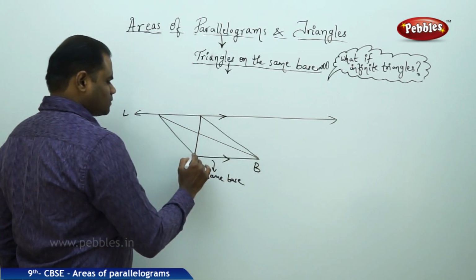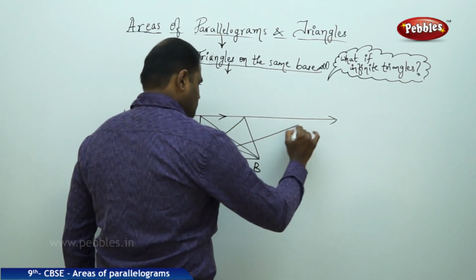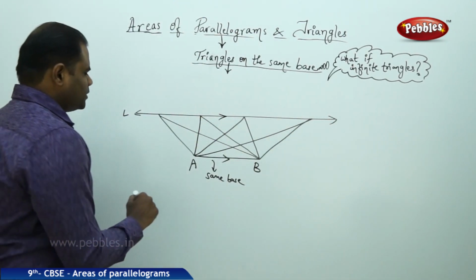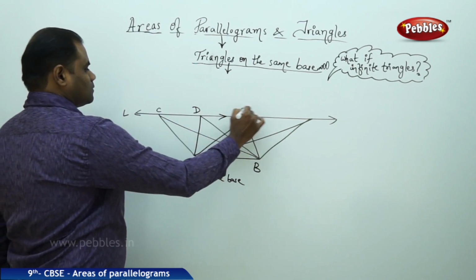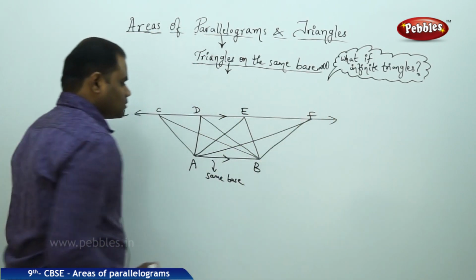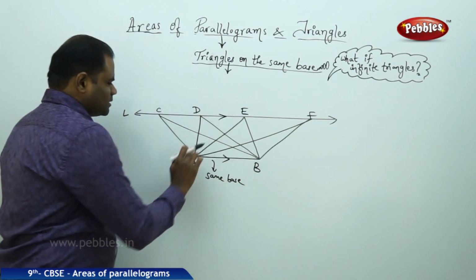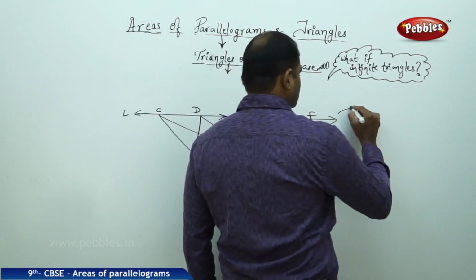Triangle number 2, triangle number 3, triangle number 4. So here I have totally 4 triangles as given by this.